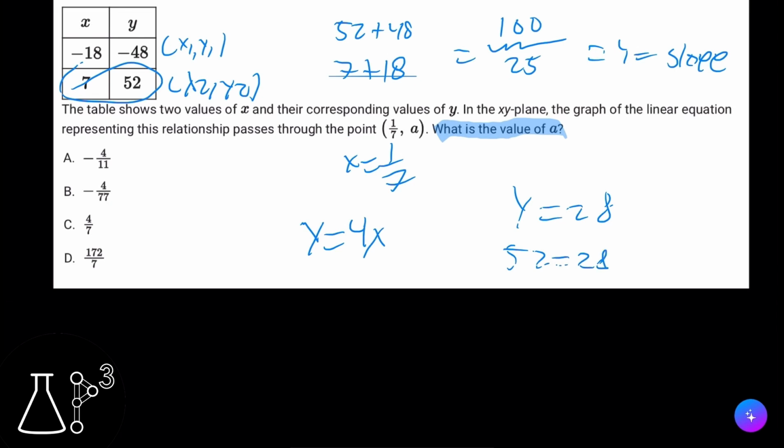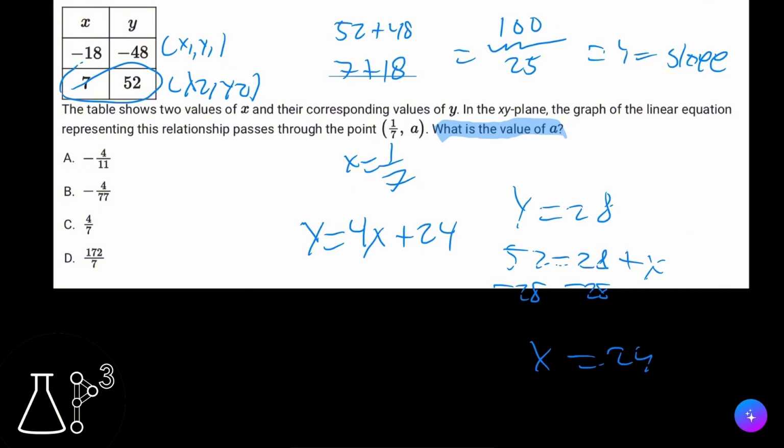If I subtract 28 on both sides, and do a little bit of mental math, I'm going to get ultimately 24. So b equals 24, and that'll be my y-intercept. Then plug it into the original equation, and I'm going to get y equals 4x plus 24. And now I'm able to look for my value of a when x equals 1 divided by 7.